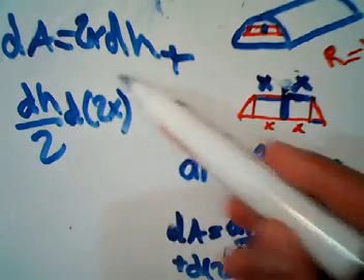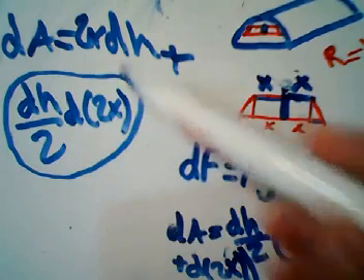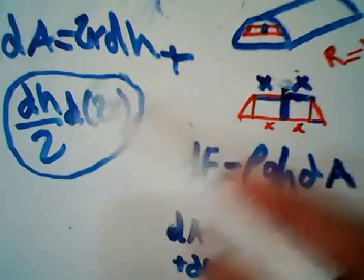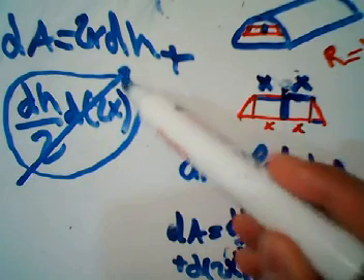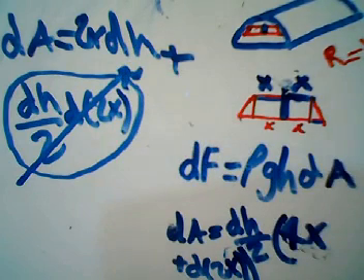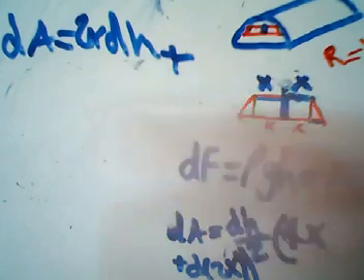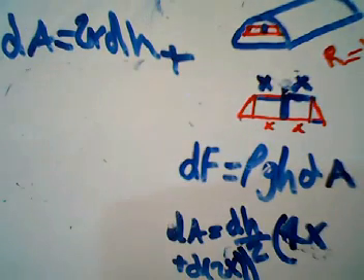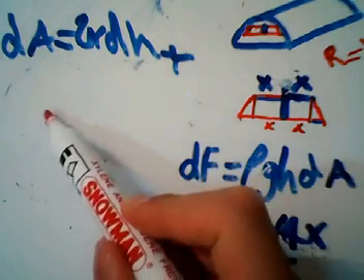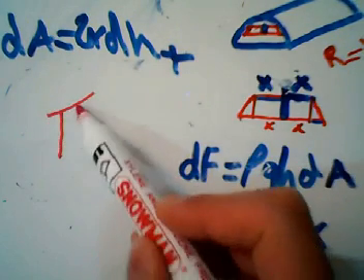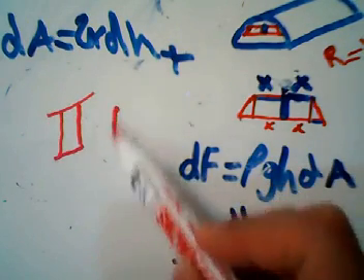Now this is an infinitesimal of the second order and ignorable in comparison to this one. And this ignoring is not an approximation, it is exact. Like what I did in the previous video with the area under the curve.